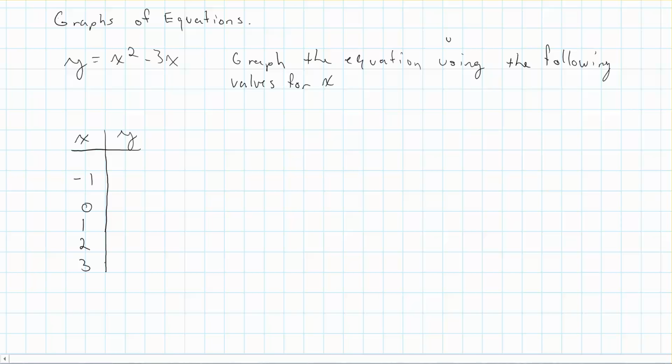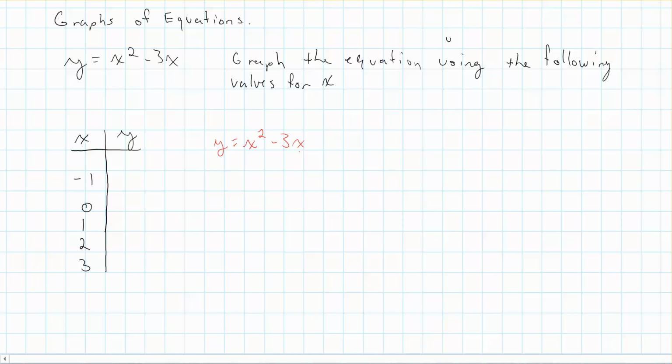And now we have to figure out all the y values, and once we figure out the y values, we can then sketch what this curve looks like. Now, to figure out the y values, we're literally just going to use the equation we have here. So we have y equals x squared minus 3x.